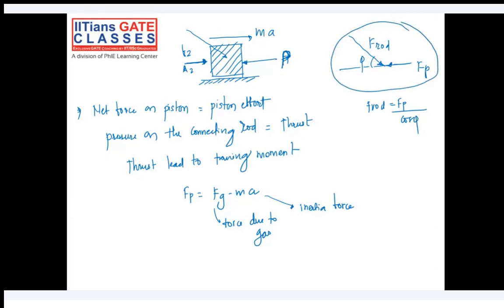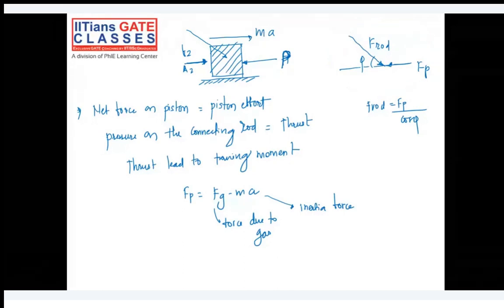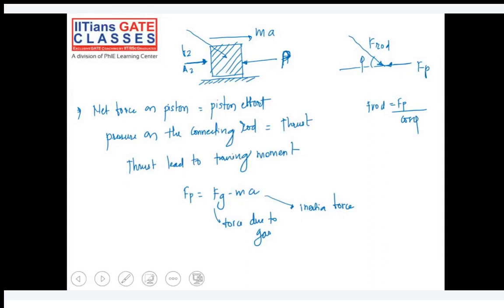This FP, you can say, is the piston effort, okay. And to the piston we are directly connecting the connecting rod, which might be at a certain angle at that particular location. So we have to use a generalized term, F rod at angle phi. Phi can be 0, phi can be 90, okay, it is varying.